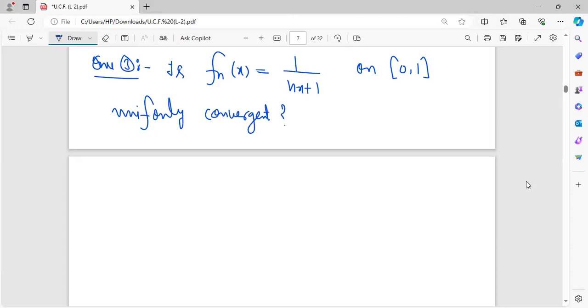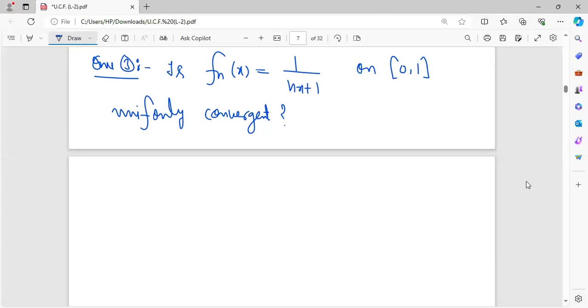We have already checked it. It is not uniformly convergent, as we showed in the previous lecture. Maybe in a smaller domain, if it is not uniformly convergent in a smaller domain, it cannot be uniformly convergent in a bigger domain. So we have done that this function is not uniformly convergent.